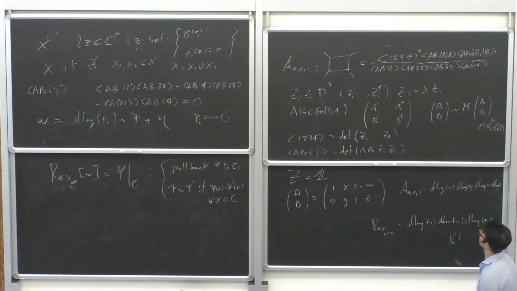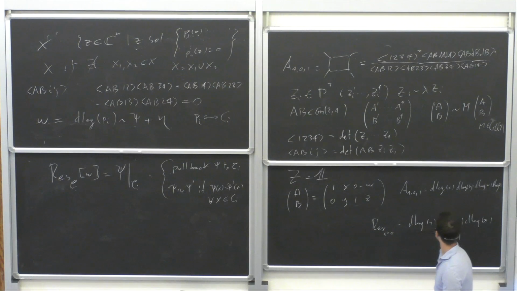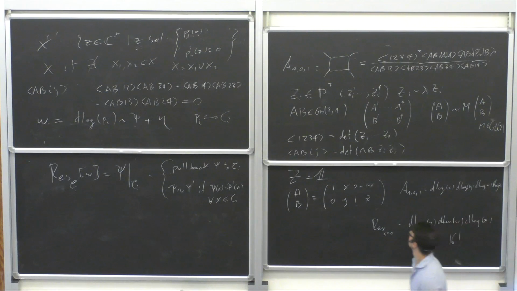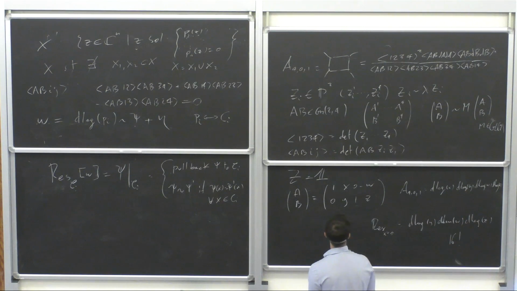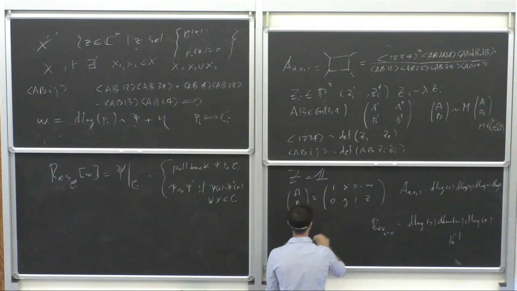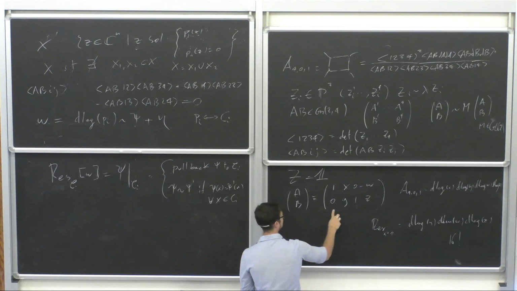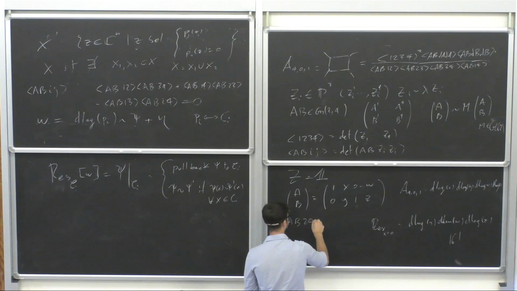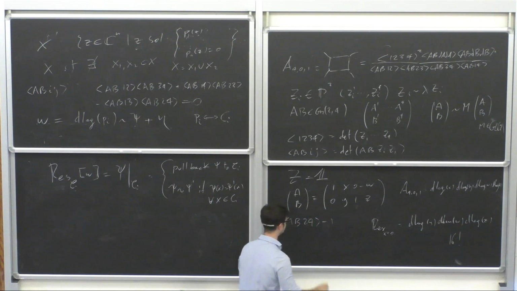Another thing that you can notice is that we know very well that the maximal cuts of the box, where all the propagators are put on shell, are 2, right? And here we just see 1, where all x, y, w, and z are equal to 0. In fact, you can see that in this parameterization we have this thing fixed to the identity, so AB24 is fixed to be -1.